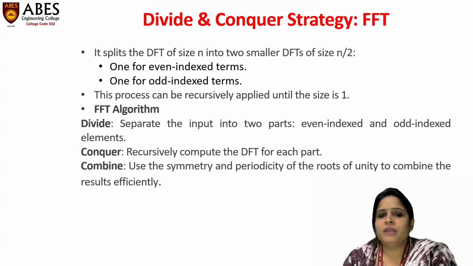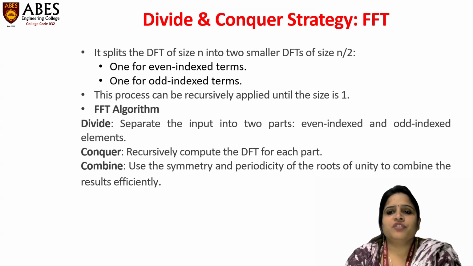In case of FFT, step 1 separates the input into two parts: the first contains all the even index terms of the polynomial, and the second contains all the odd index elements. Step 2 is conquer, which recursively computes the discrete Fourier transform of the even index and odd index elements. Finally, step 3 is combine, which uses the symmetry and periodicity of the roots of unity to combine the results efficiently.